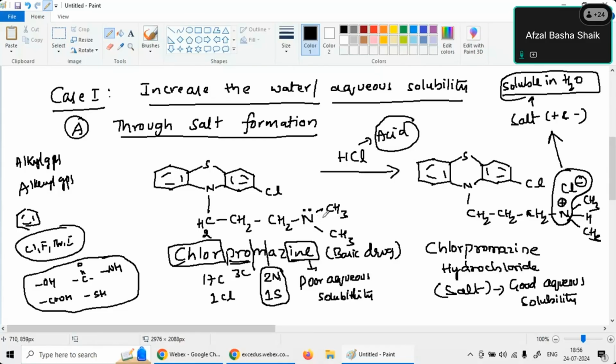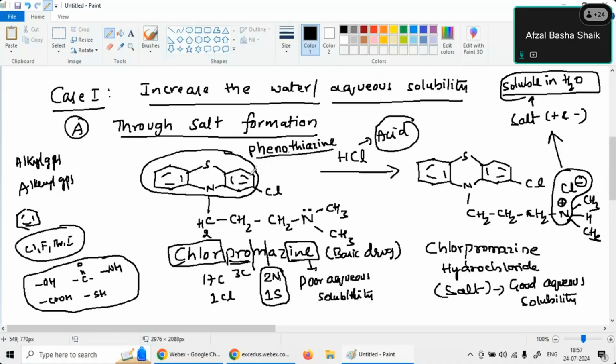M represents methyl groups here, and azine represents the thiazine ring, right? And what is this ring called? Phenothiazine.